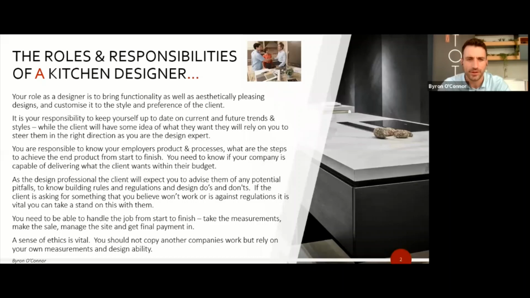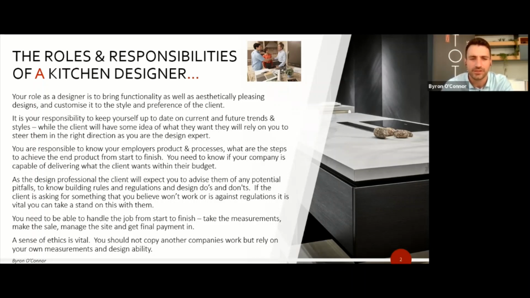But in terms of roles and responsibilities, we would make sure that the functionality of the kitchen is always geared towards a client's cooking methods and cuisines, and then apply the aesthetics, the second phase of the design aspect, to understand the styles and preferences of your client, so that you can get a full picture of what they are drawn to in terms of what they're envisioning.